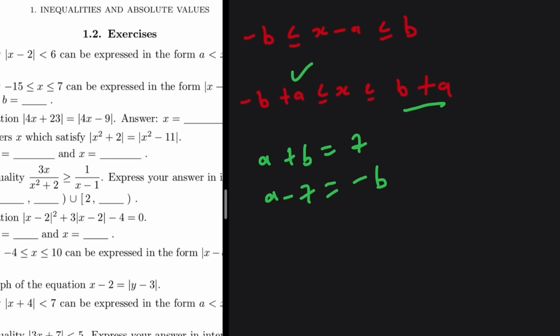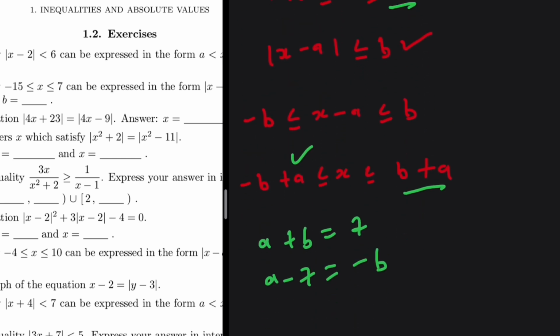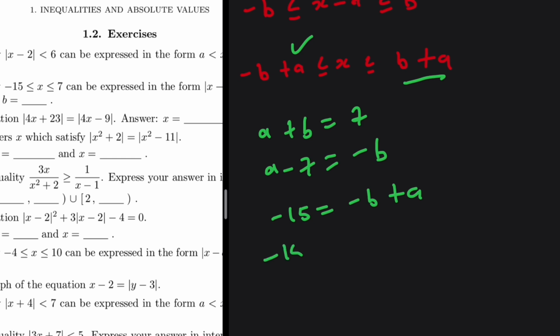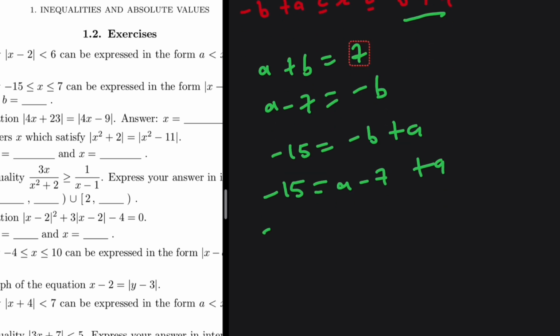So now that I've made minus b the subject of the formula, I can say that minus 15 is equal to minus b plus a, right? So minus 15 will be equal to, and then in place of minus b, I'm going to substitute a minus 7 and then plus a.